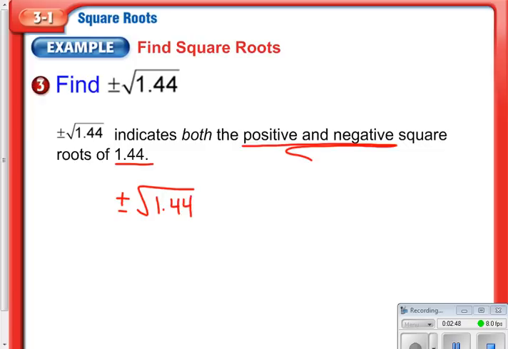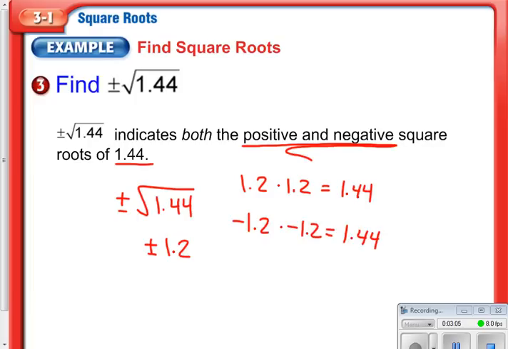And when you solve here, you'd wind up with plus or minus 1.2. Big thing here is we know that 1.2 times 1.2 is 1.44, and we know that negative 1.2 times negative 1.2 is also 1.44. So the plus or minus there dictates that your answer can be positive and it can be negative.